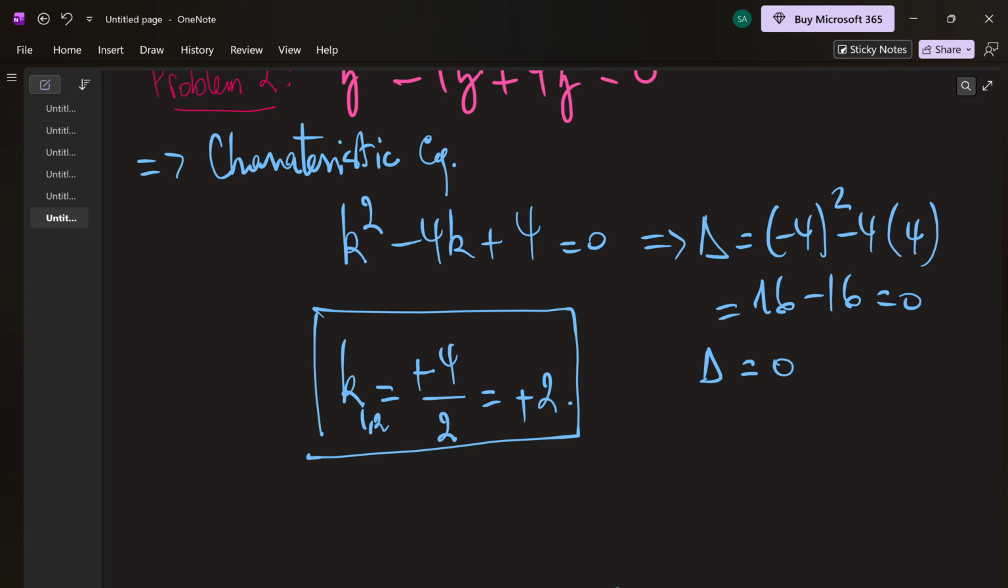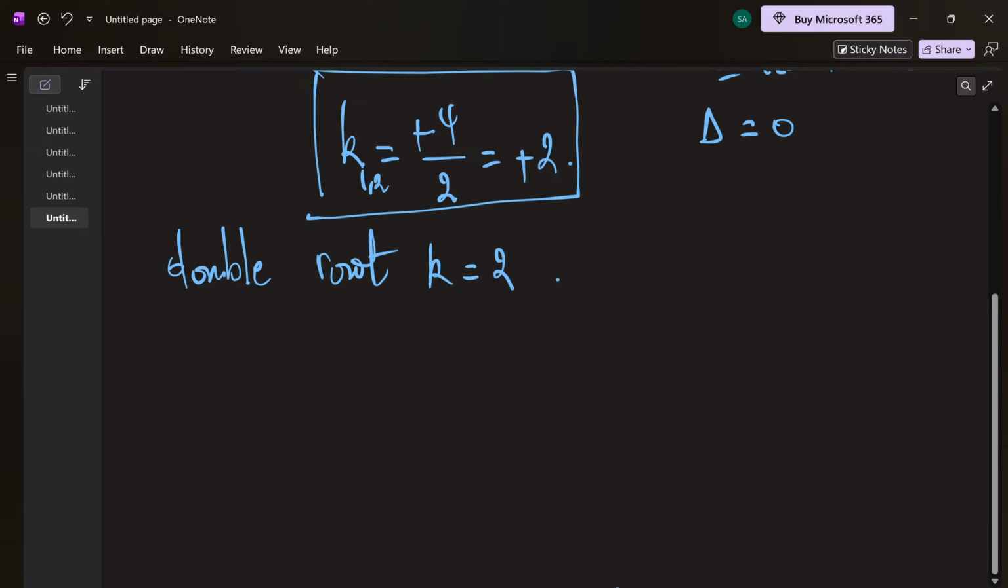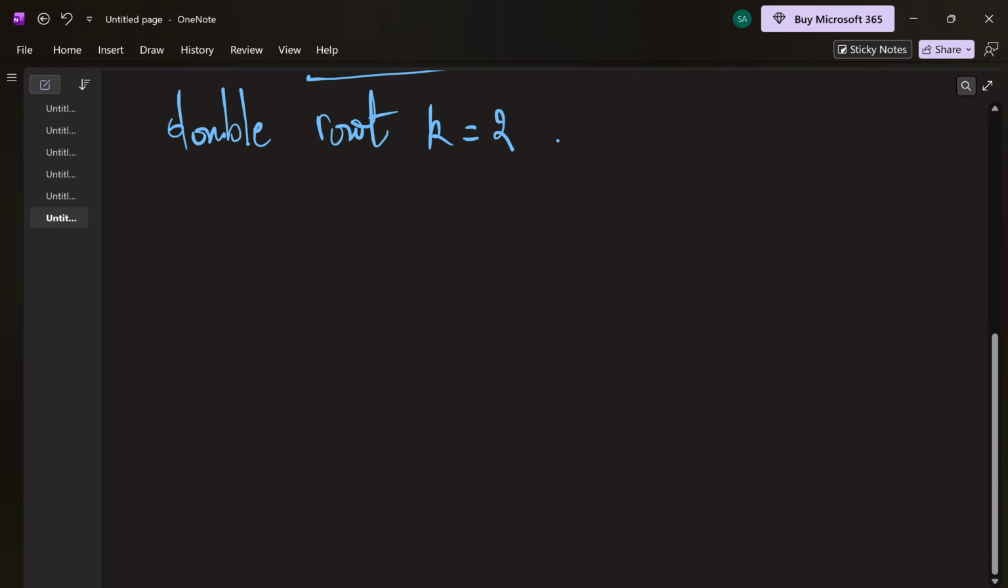So we will deal with it. It is a double root, k equals 2. So this is actually the third case. How to solve it?